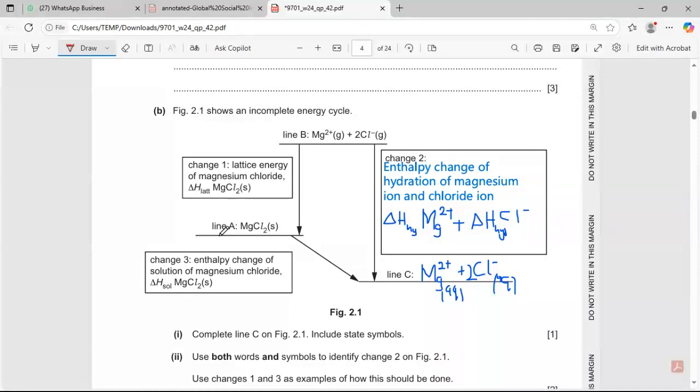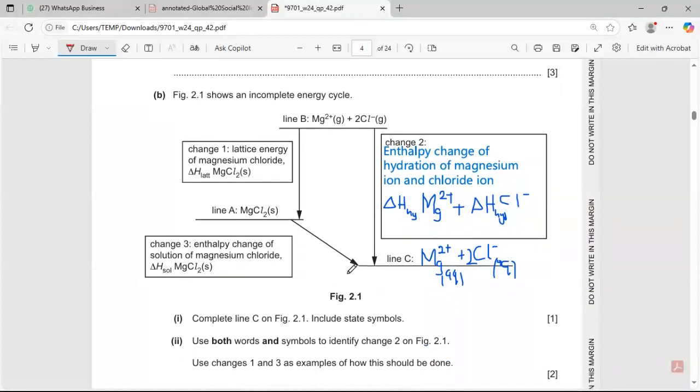Now, they give us magnesium chloride solid, an ionic compound formed from the gaseous ions. Then step number 3 is the enthalpy change of solution of magnesium chloride, where the solid dissolves to give us line C.